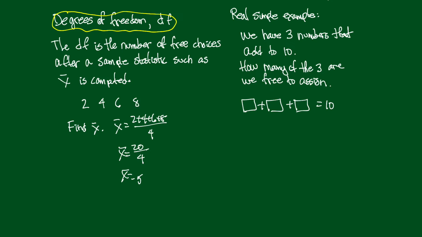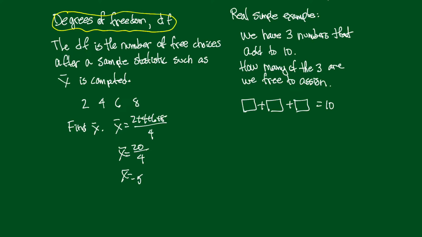Well, I'm going to claim I have 2 degrees of freedom, because what if I put a 4 here and a 5 here? I'm free to choose the 4, I'm free to choose the 5, anything I want, but what about this one here? Am I free to choose that number anymore? No, not at all. 4 plus 5, that has to be a 1.